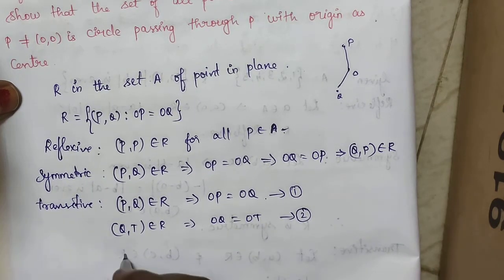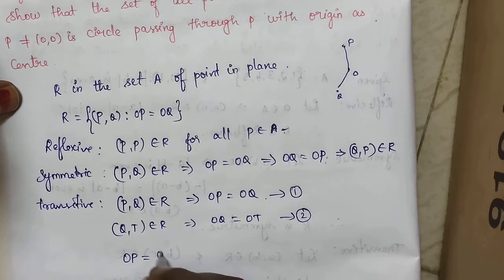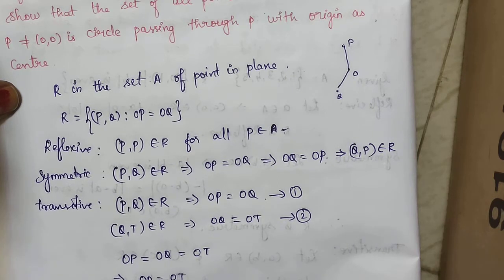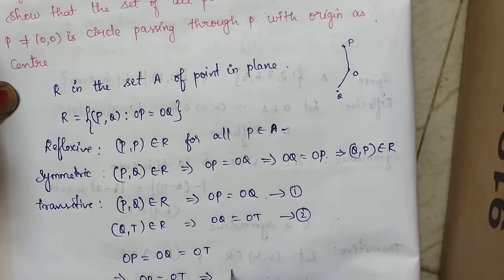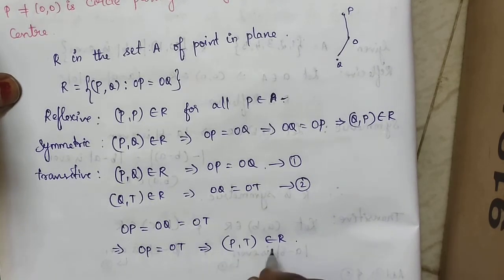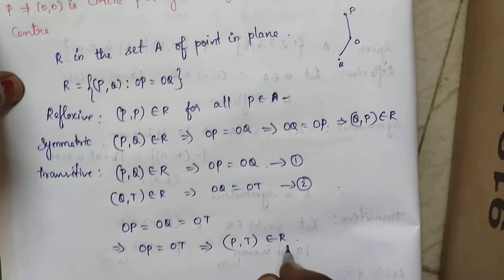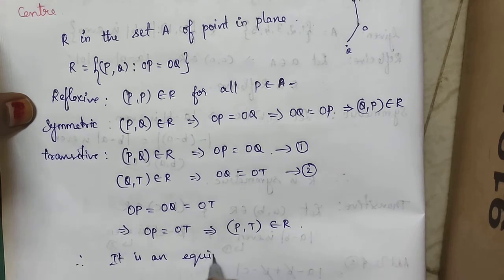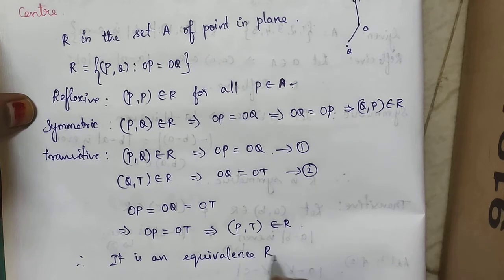Now OP is equal to OQ, and OQ is equal to OT, so I can write OP is equal to OT. OP equal to OT implies (P, T) belongs to R. Therefore the transitive relation is true. Therefore, it is an equivalence relation.